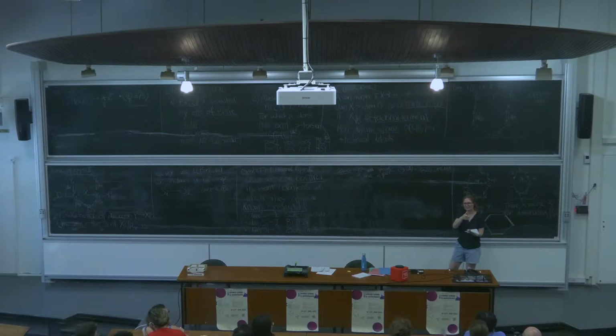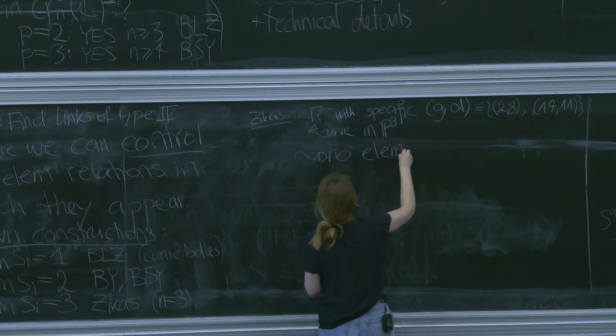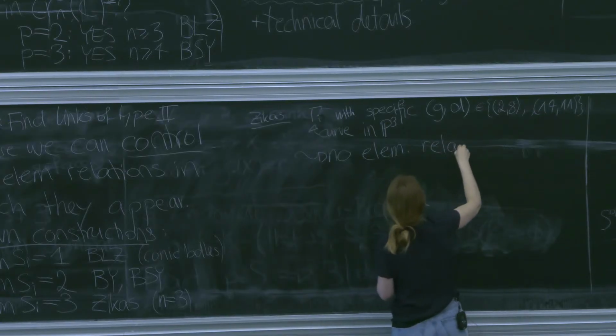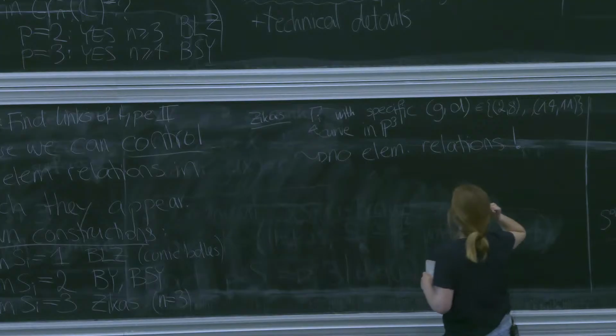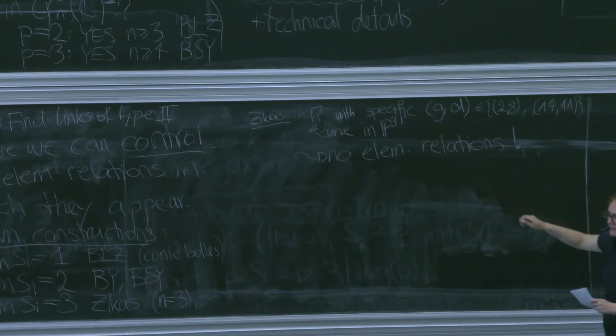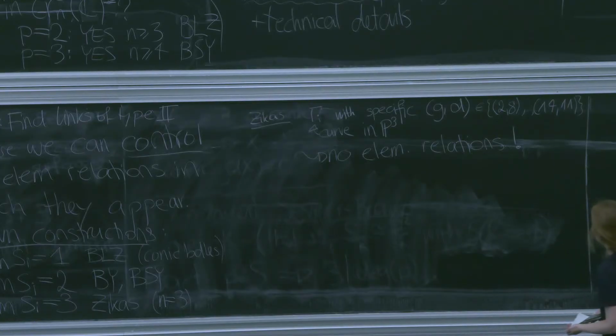But it is also large enough such that you do not have any elementary relation involved in the link. So in his case, no elementary relation is involved. Also this construction is quite explicit. So it is a nice construction.